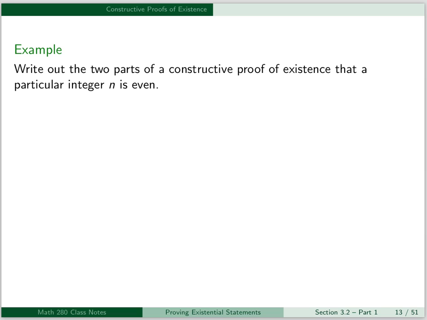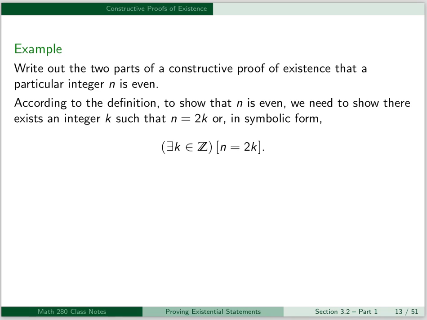For an example, we want to write out the two parts of a constructive proof of existence that a particular integer n is even. According to the definition, to show that n is even, we need to show there exists an integer k such that n is equal to 2k, or in symbolic form, there exists a k in Z such that n equals 2k.